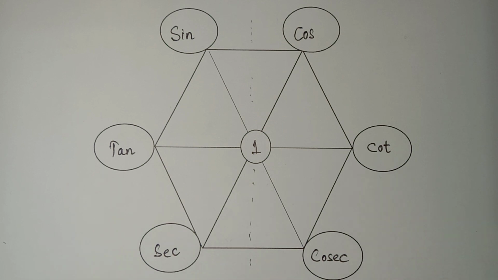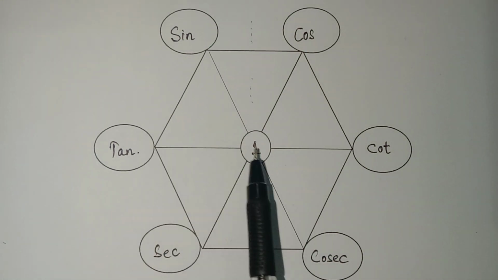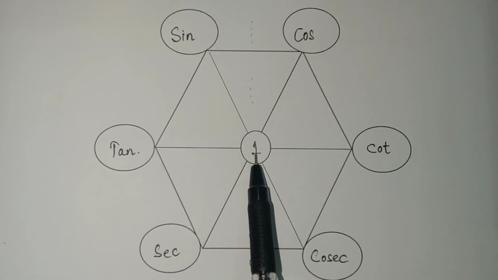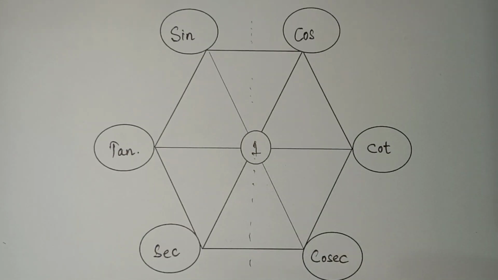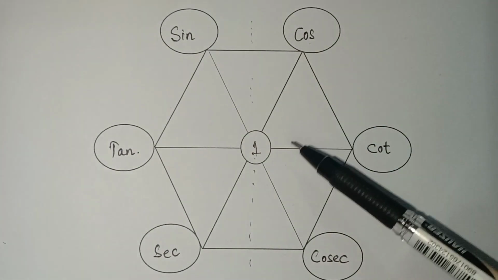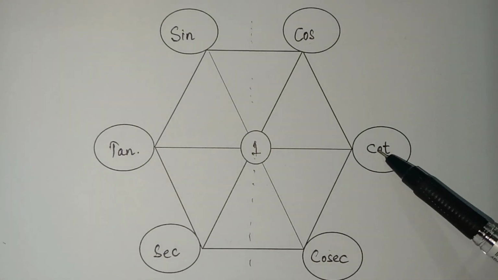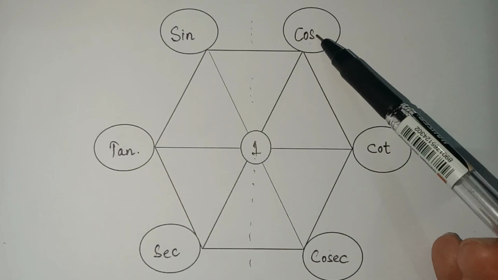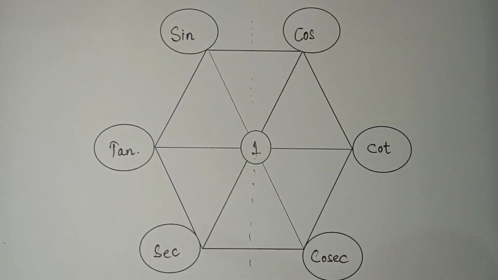The opposite corner gives you the reciprocal identities, like tan theta equal to 1 upon cot theta. Similarly, sec theta equal to 1 upon cos theta, sin theta equal to 1 upon cosec theta, cot theta equal to 1 upon tan theta, cos theta equal to 1 upon sec theta. Like this, we get the reciprocal identities.